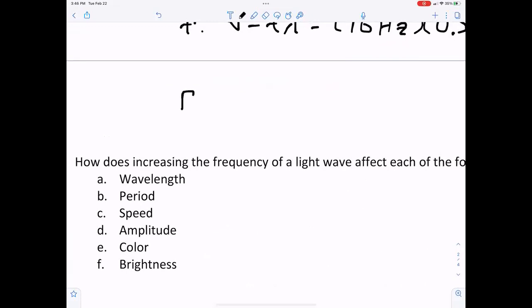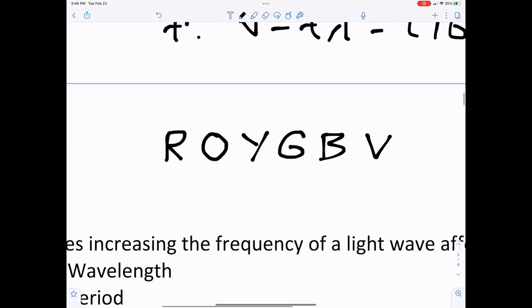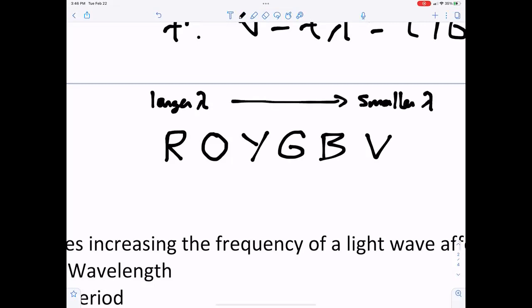Okay, you have red, orange, yellow, green, blue, and violet. And what we will learn is that red actually has larger wavelengths, violet has smaller wavelengths. So the wavelength is decreasing.